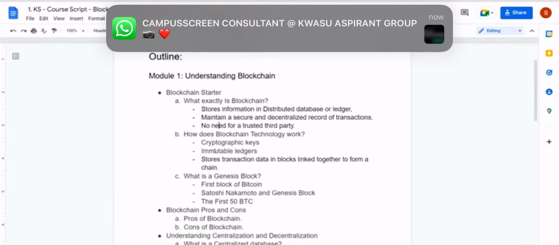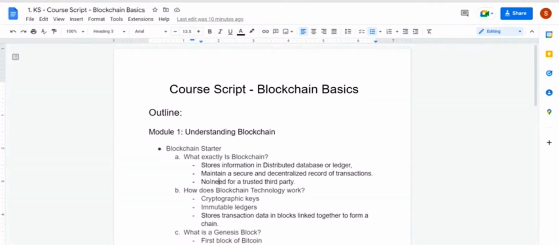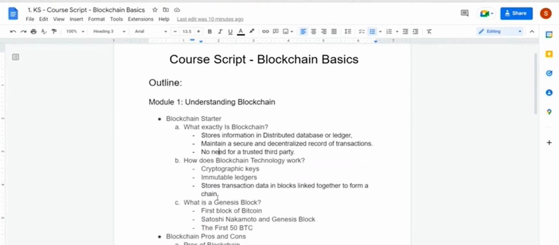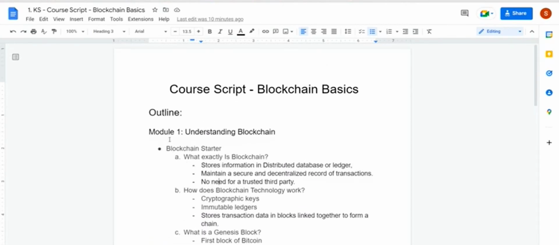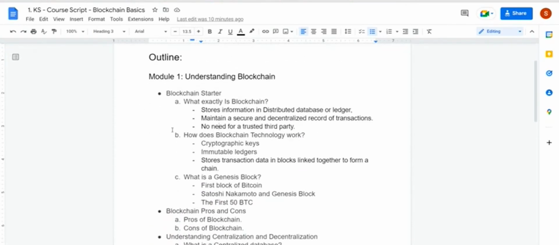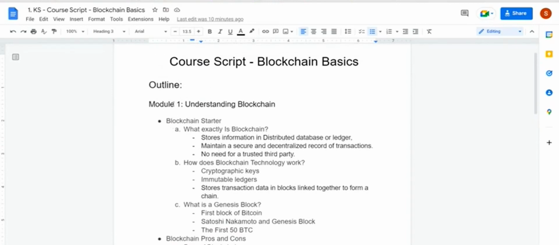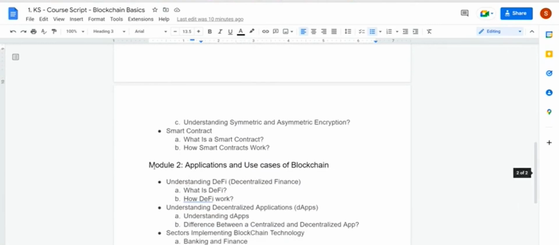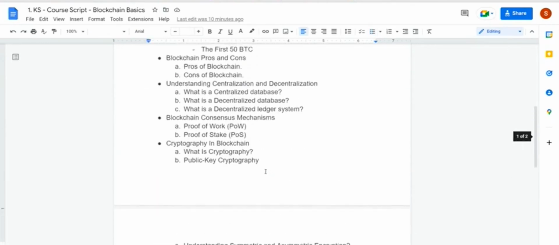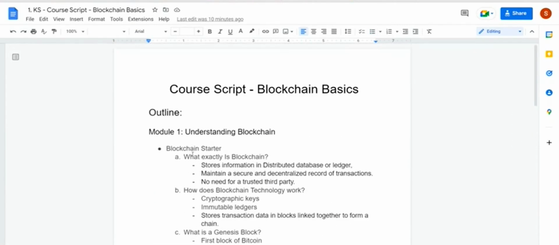This way it should structure. And you can see we will have two modules, module 1 and module 2. Here it is, module 2. I have structured it for you so that you have a better view of what we want.